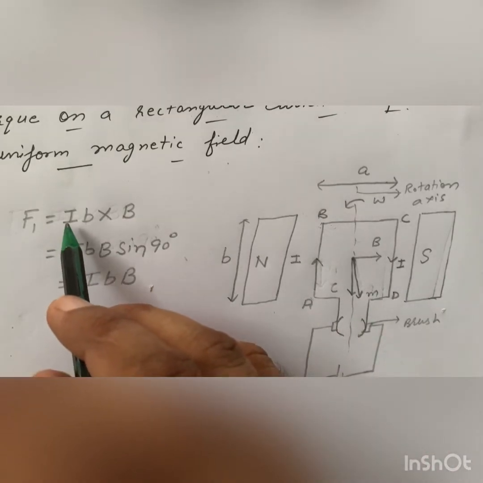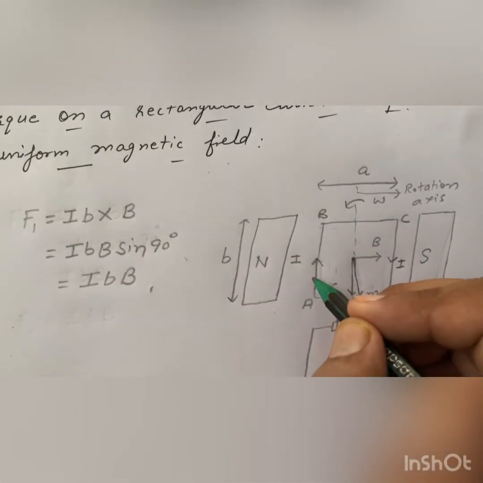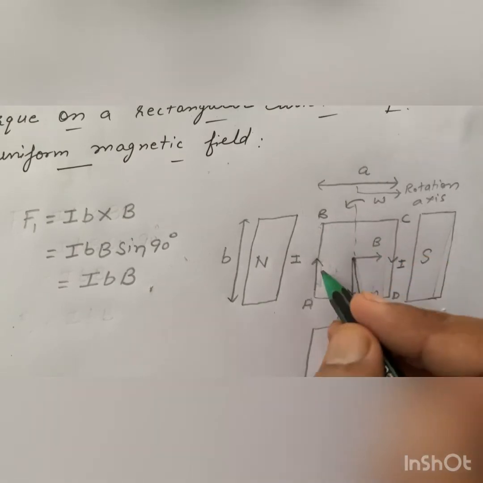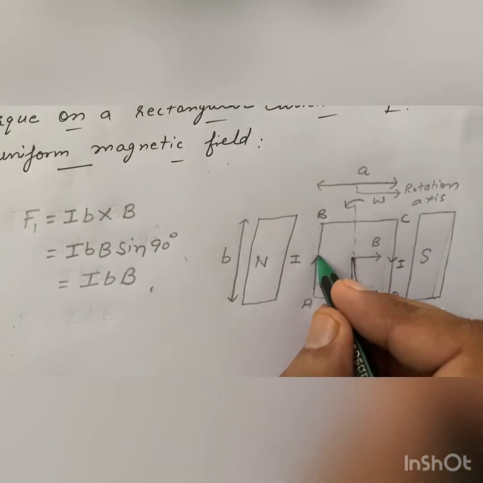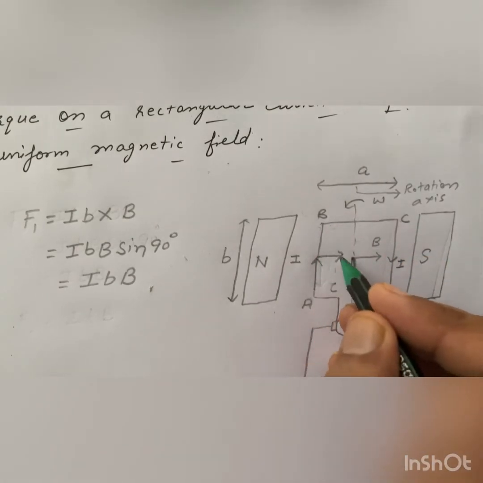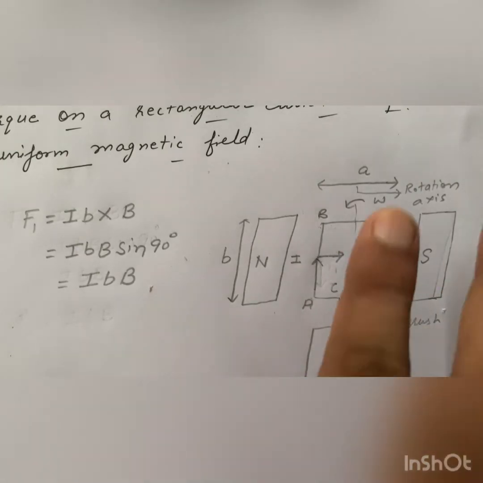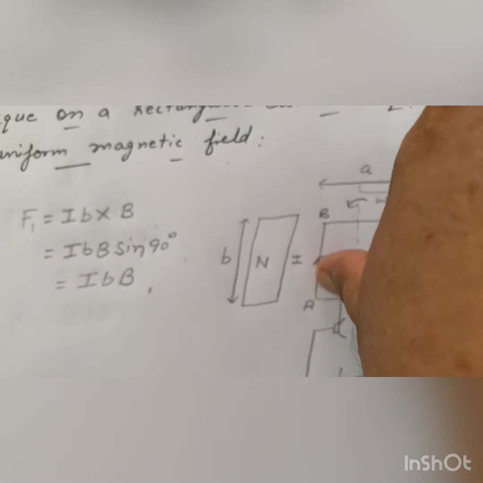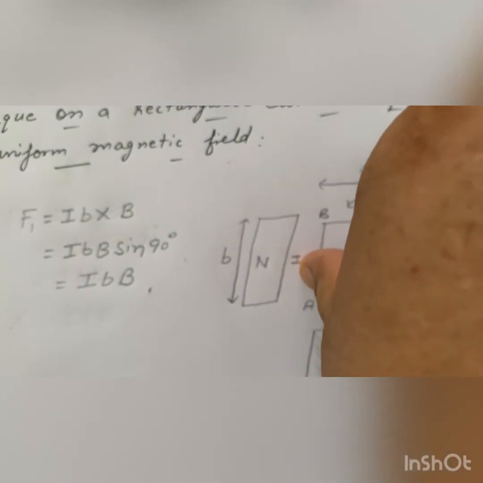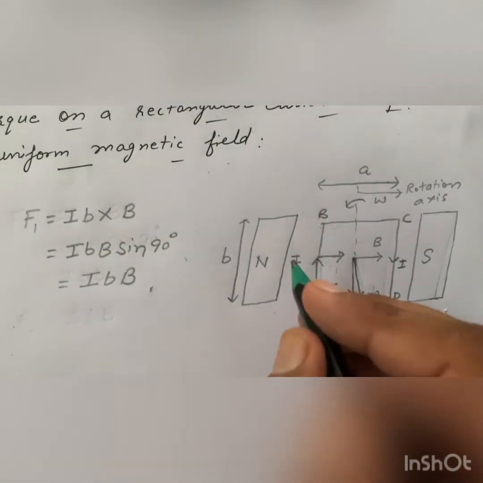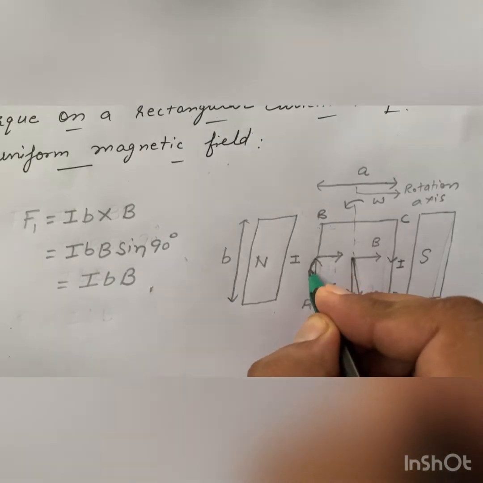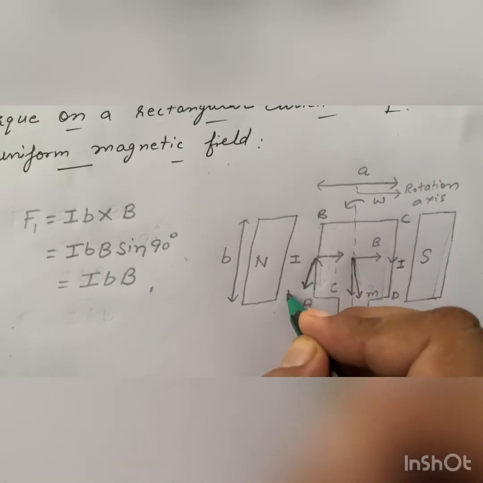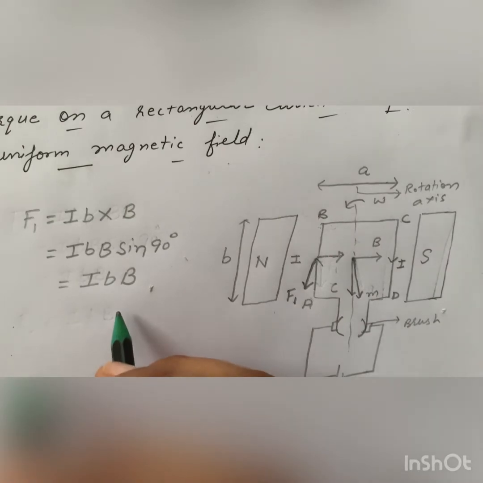Here we know that it is I b cross B. We find it by the right hand rule. We go from b to B, so the thumb points in the direction perpendicular to the plane of paper. So the direction of force is in the downward direction.